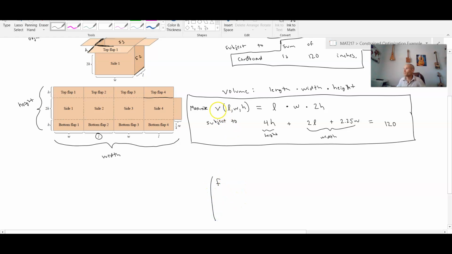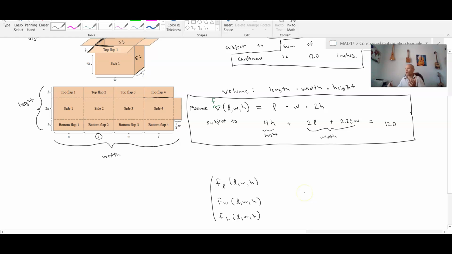Now, our objective function here is actually called V. I'm going to go ahead and refer to this as f of L, W, and H. So we're going to need f sub L of L, W, and H. We're going to need f sub W of L, W, and H. And we're going to need f sub H of L, W, and H.